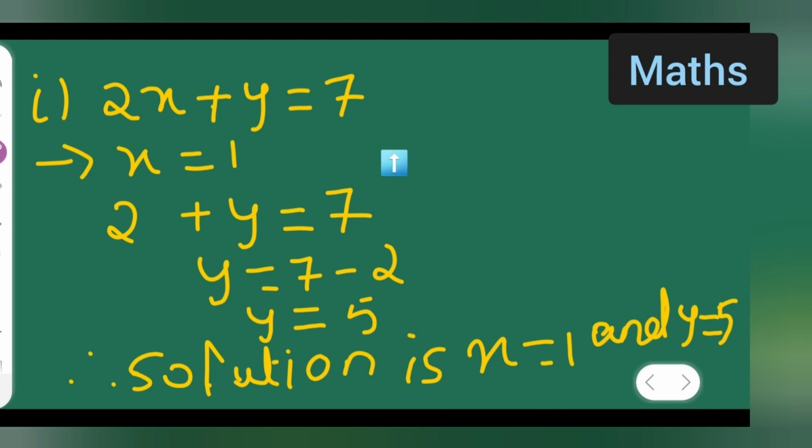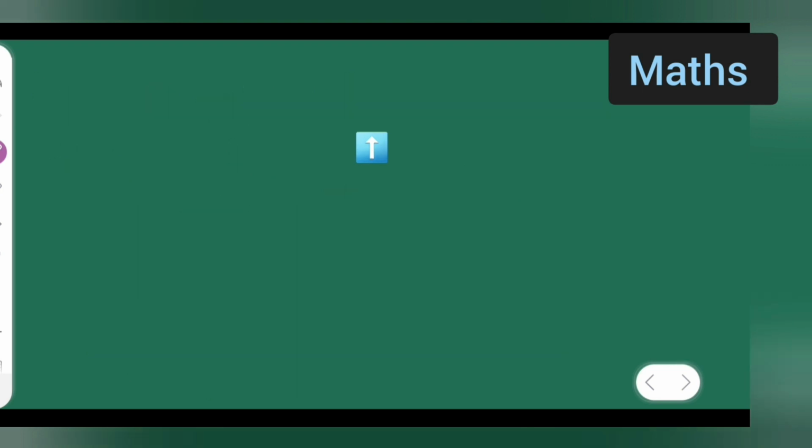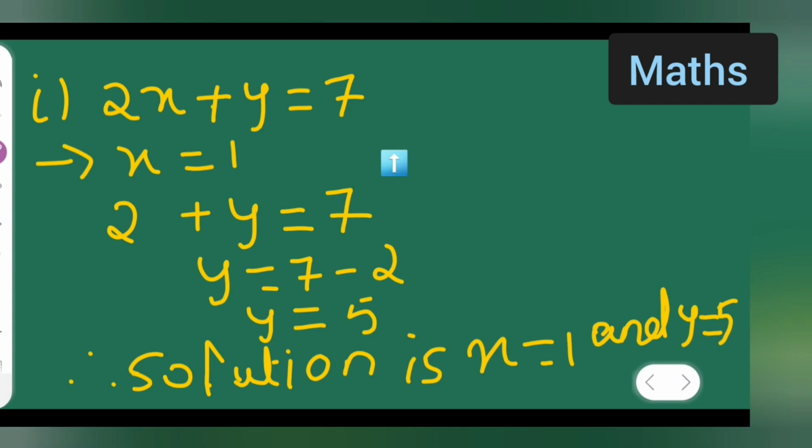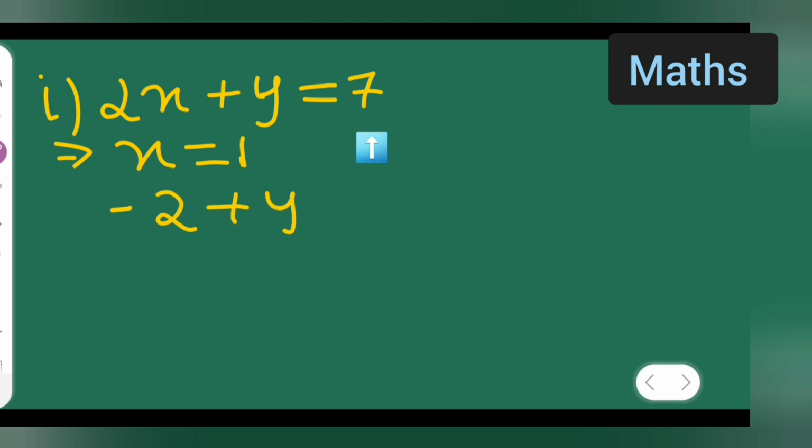Okay. So next let us see. Now we found out the two solutions, right? This was our first one, this is our second one. Now let us do the third one. Same question, 2x plus y is equal to 7. Now I will take my x to be minus 1. So this will become minus 2 plus y is equal to 7.